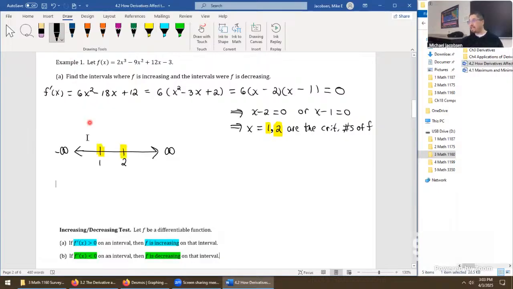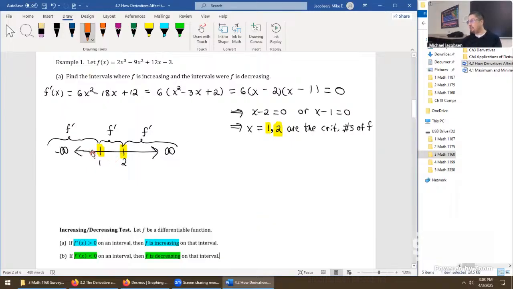The thing we're looking for the sign of in all those 3 different regions is the derivative right here. So we want to know what is the sign of the derivative here, here, and here. Next thing we do is use test points.